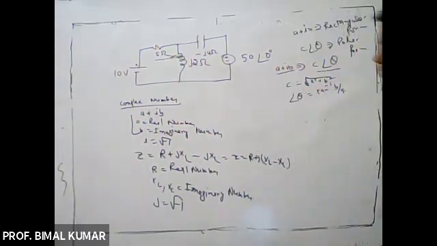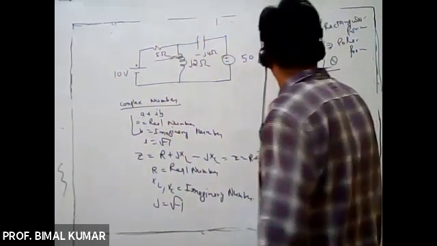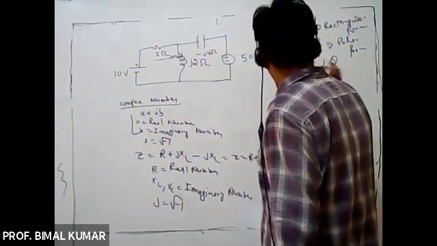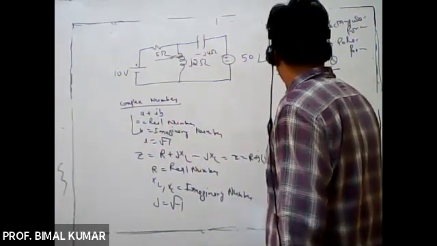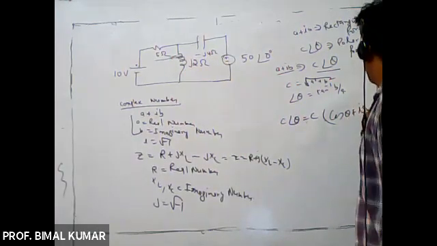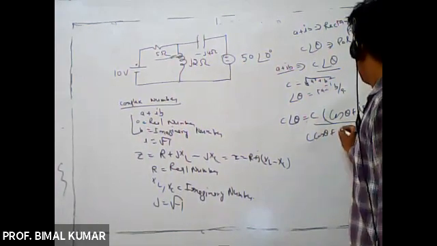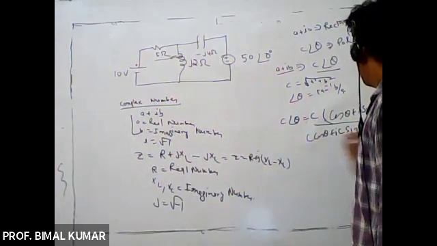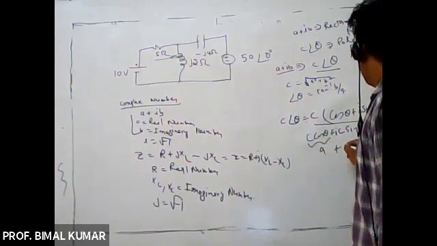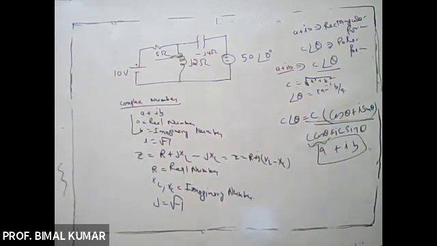We may convert rectangular into polar or polar into rectangular. For polar into rectangular, C angle theta is equal to C into cos theta plus iota sin theta, so this is C cos theta plus iota C sin theta, which is your A plus iota B.